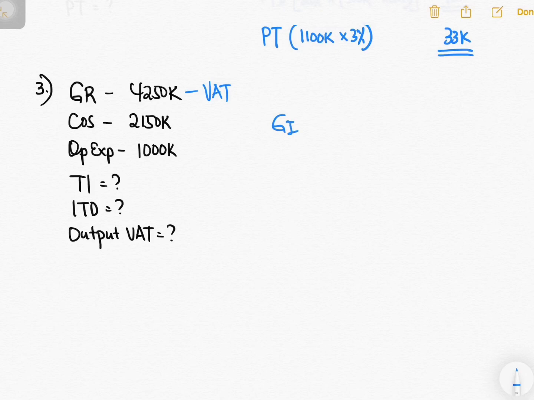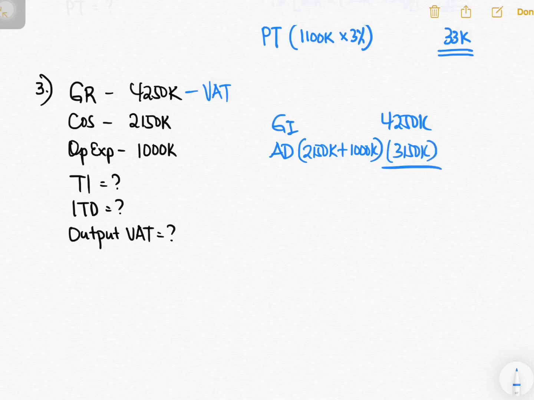Your gross income is 4.25 million. Your allowable deduction, it's itemized deduction because there is no mention of what to use. So it's 2.15 plus 1 million, it's 3,150. Taxable income is 1.1 million.